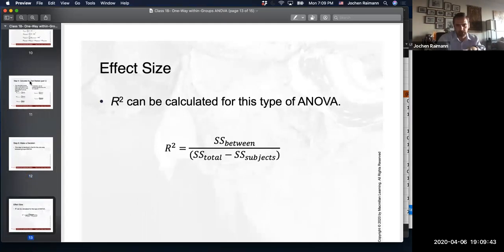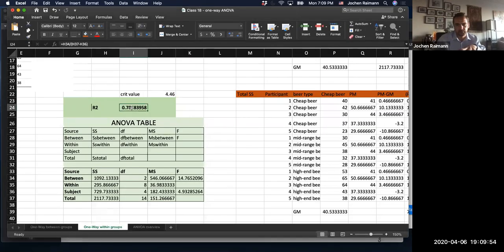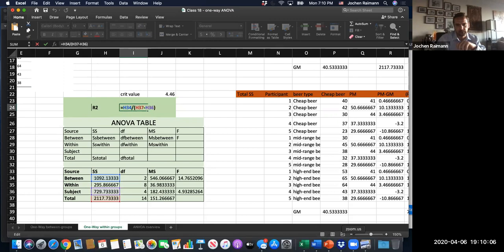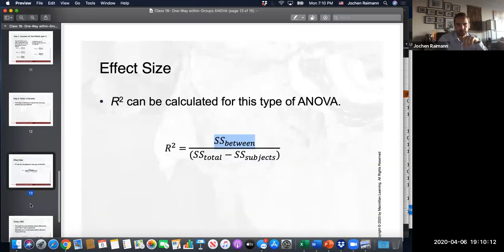We know how to calculate the effect size. So we're doing SS between divided by the total minus the subject variability. And by that, you're basically taking out this inter-subject variability. And you're getting to your R square.